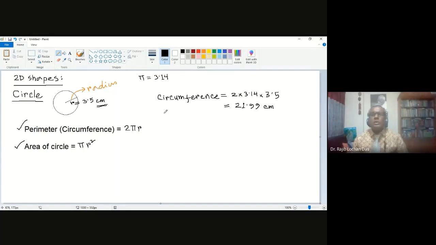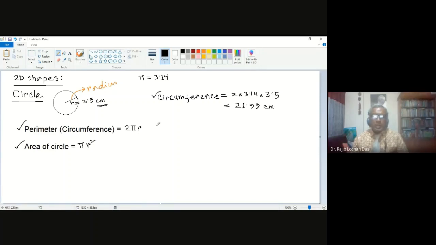Why not? Because circumference is the boundary line. This is just one dimensional. Just how long it is, that's all. So it is a distance, it is a length. That is why only centimeter, no square, no cube.